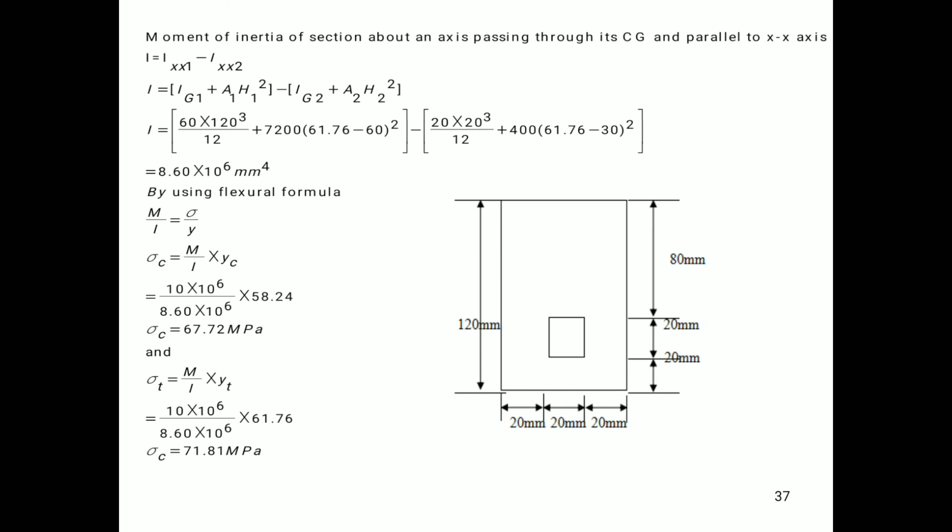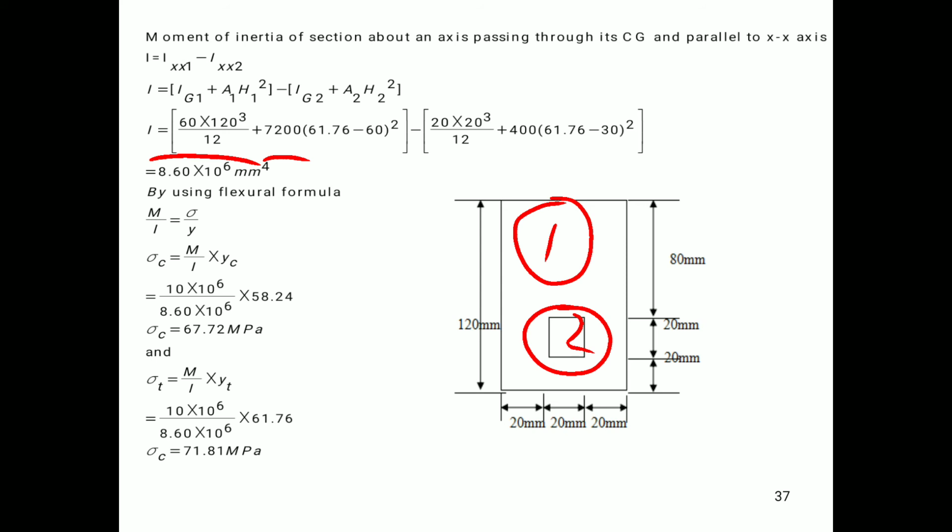For the first section, we have Ig1 is equal to 60 into 120 cube by 12, plus area 7200 and h1 square, that is 61.76 minus 60 square.